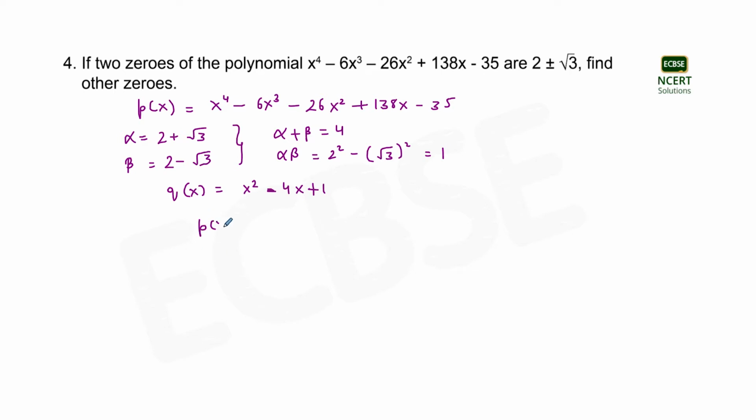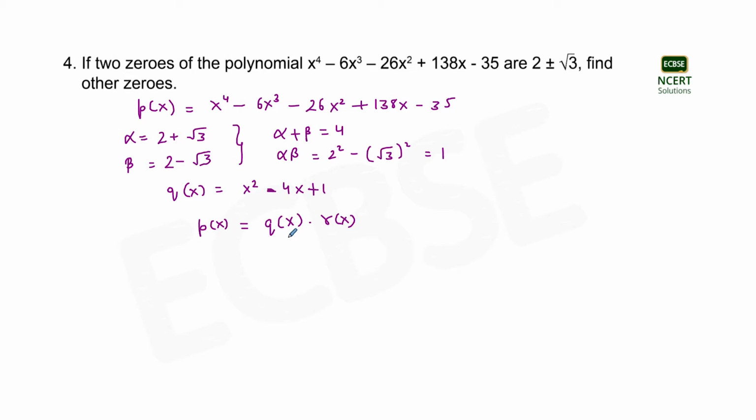And as we know, this quadratic polynomial has the zeros alpha and beta as its factors. To find the other two zeros of the polynomial, what it means is that p(x) will be equal to the product of the quadratic polynomial q(x) and some other polynomial r(x) whose factors will be the other two zeros of p(x).